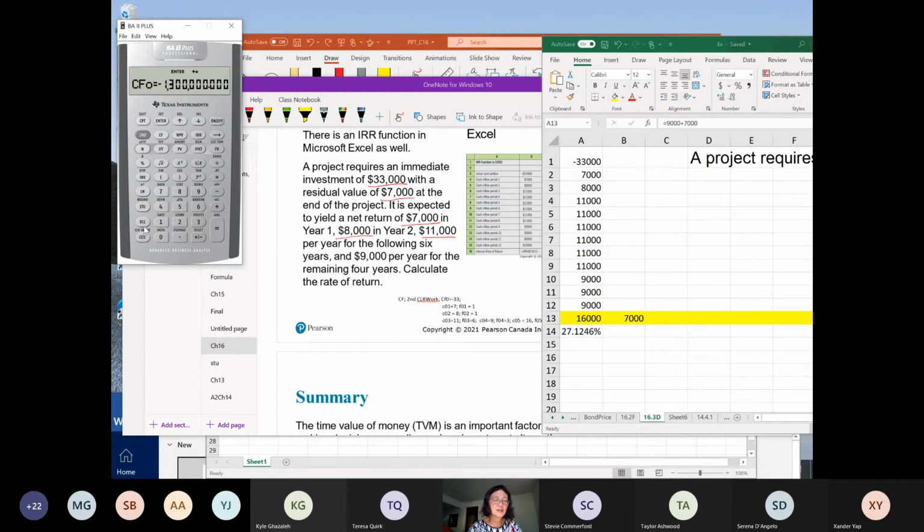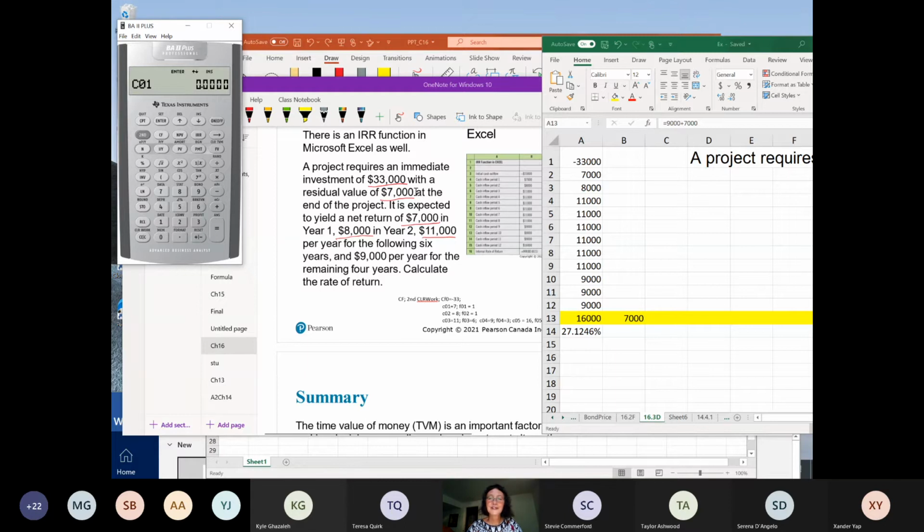So this button here, click second, CLR work. And then enter the initial value. It is a negative 33,000, negative, enter, down arrow key.